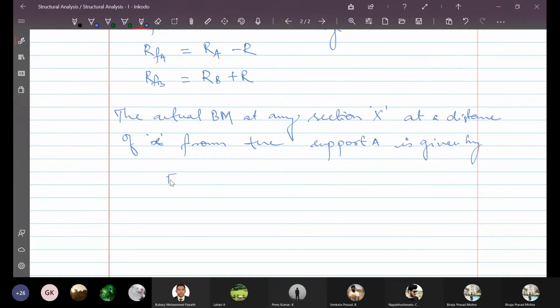we have EI d square y by dx square equals M subscript x minus M x dash.